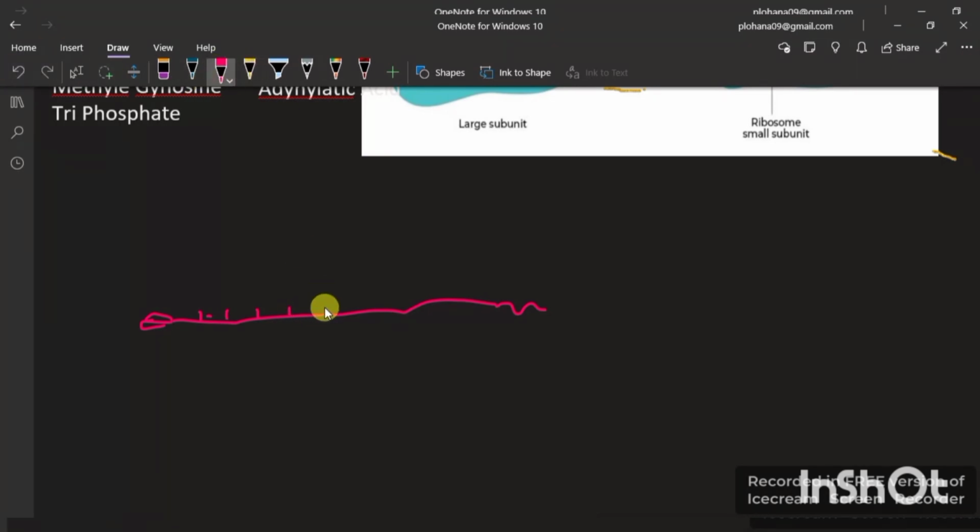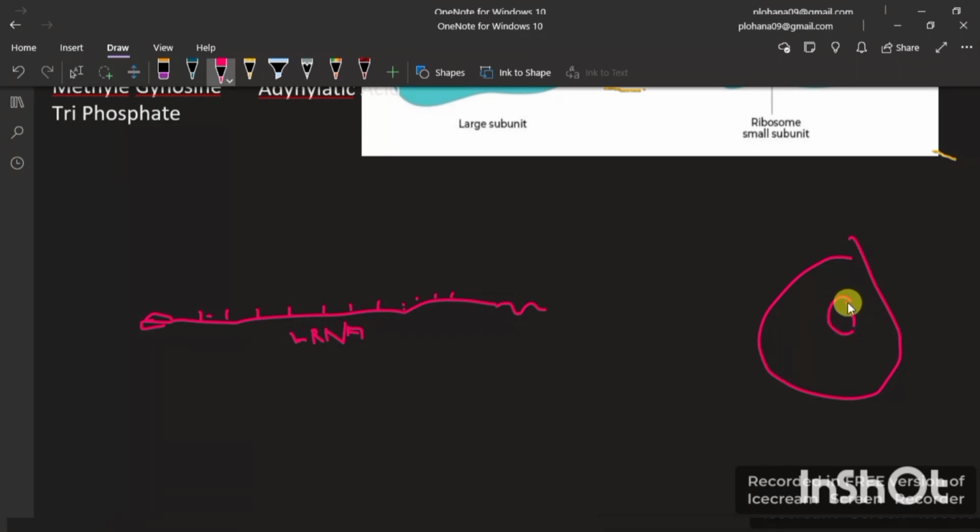So it has information about the particular amino acids. Okay, so this is basically what? We have mRNA, which is the messenger RNA. Now it is in the cytoplasm, because we know that transcription happened in the nucleus of the cell.